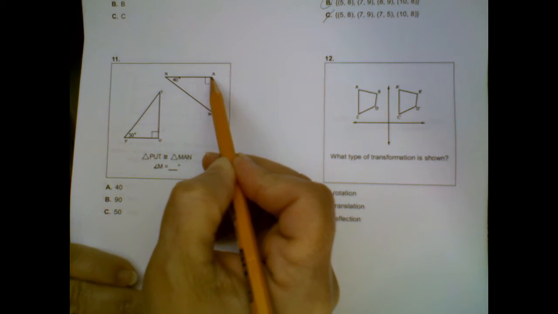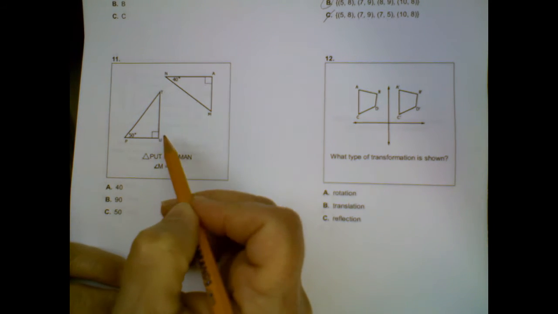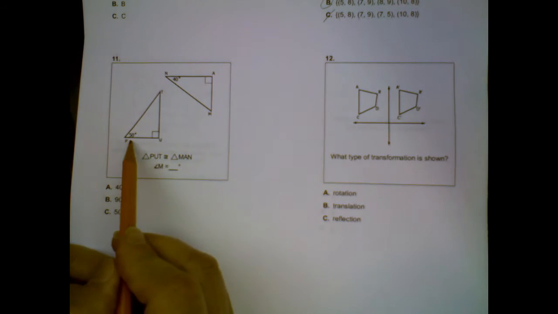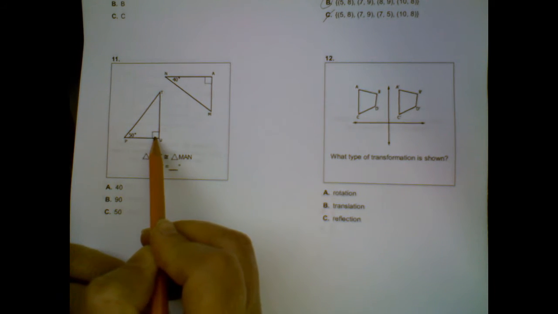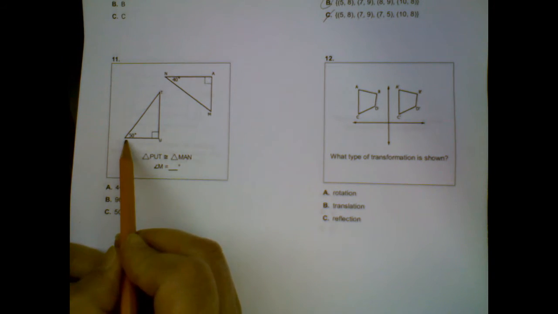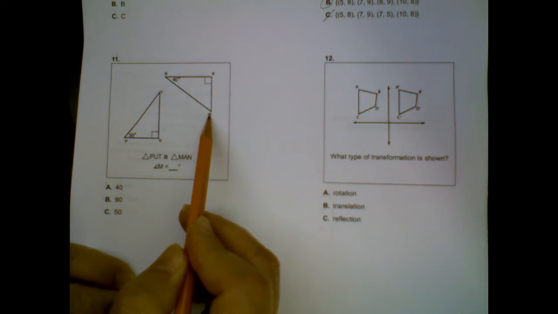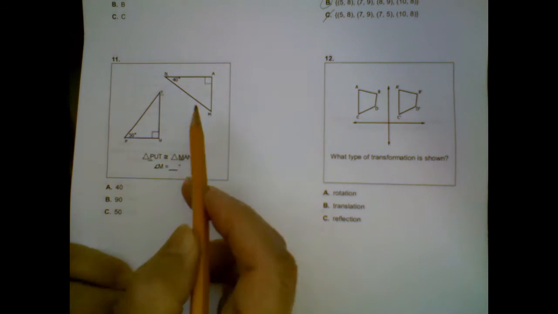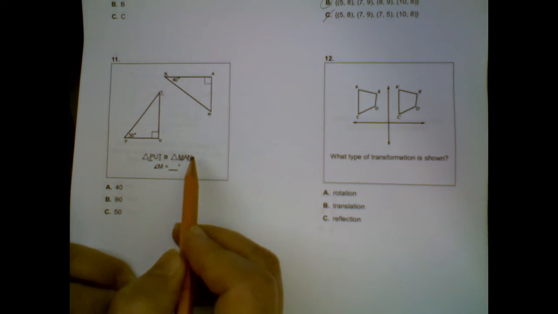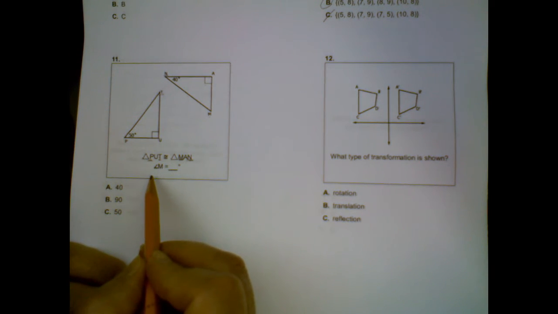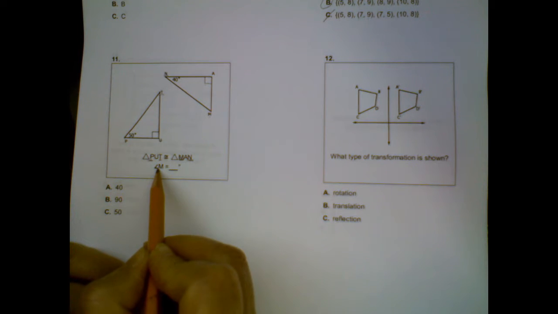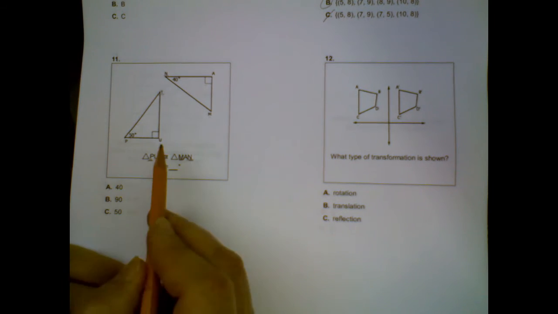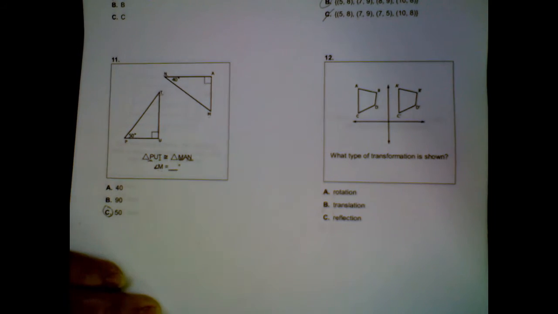So we know that A is the right angle, so A matches U. So if we took this shape and we turned it so that A matched U, that would put P matching M, and we see that, P and M, and N matching T, N and T. So it wants to know the angle measure of M. Well, if M matches P and we know P is 50, then M is also 50.